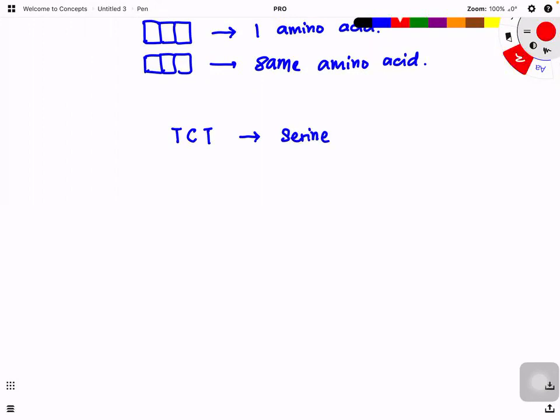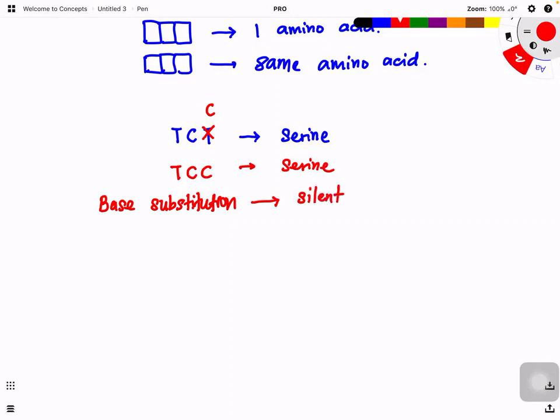We substitute the T here with the C, so it becomes TCC. Mutation took place, right? So it's a base substitution. That results in TCC, which also codes for serine. So in this case, the base substitution resulted in a silent mutation.